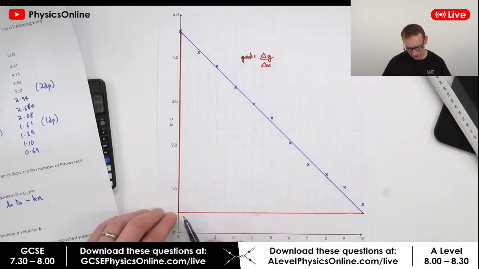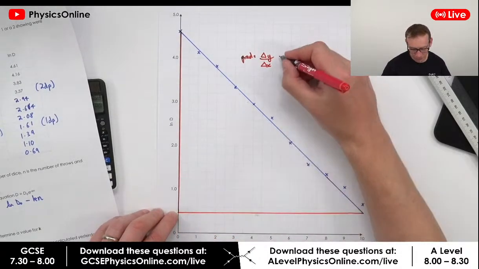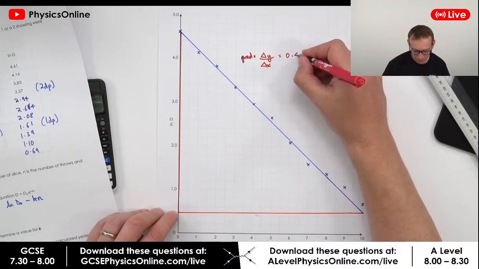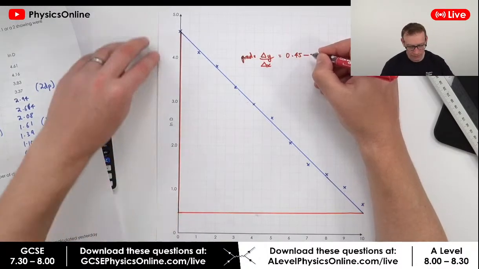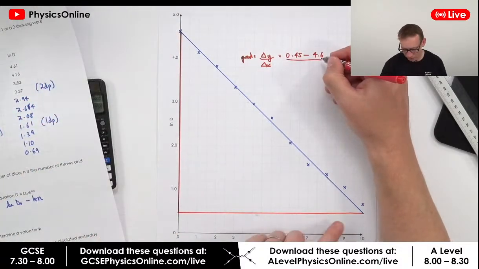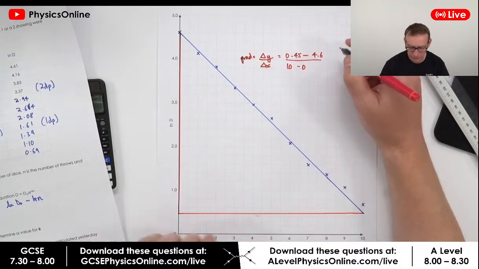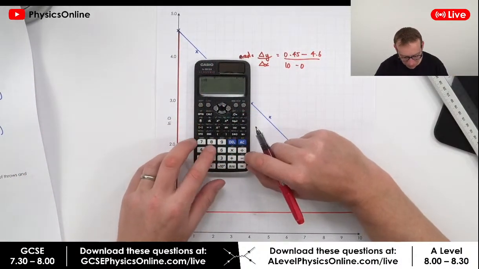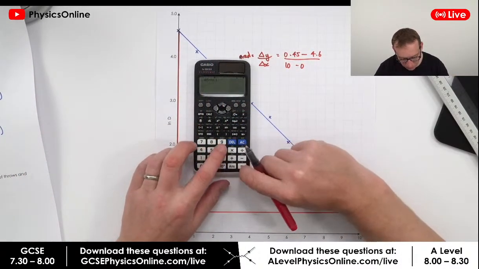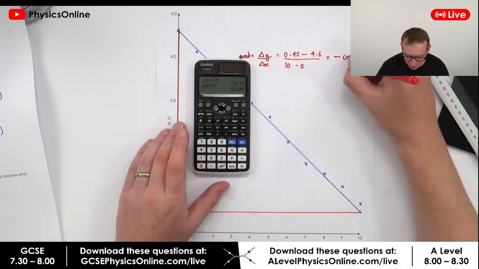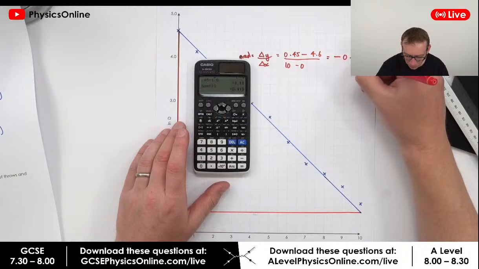The y value goes down here to about 0.45, and we're going to take away the value up here, which is about 4.6, divided by 10 minus 0. This is the thing that I know so many people make mistakes on. So 0.45 minus 4.6 divided by 10 is equal to minus 0.415.